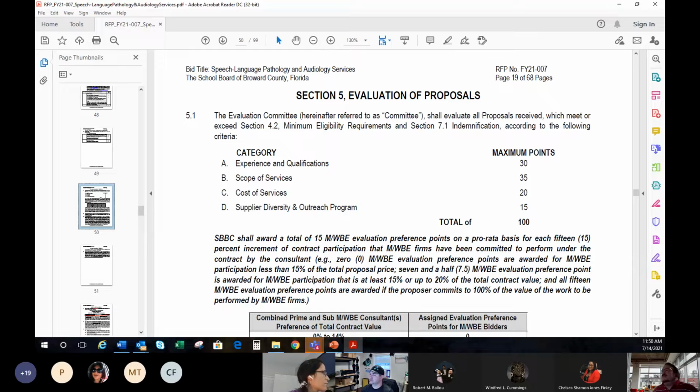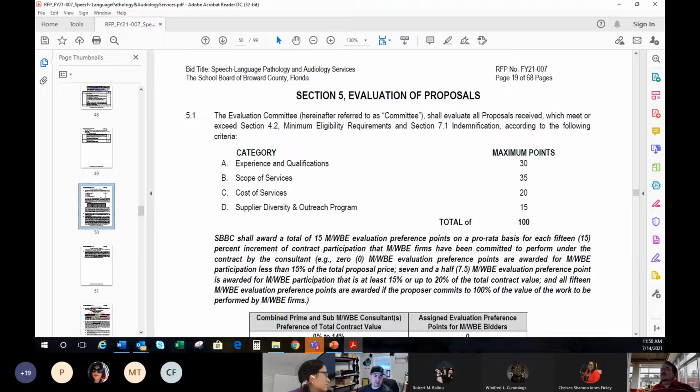Section 5 is the evaluation of proposals. This is how the evaluation committee will look at your proposal, and I basically have told you what the categories were before: experience and qualification, scope of services, cost of services, and supplier diversity outreach program.